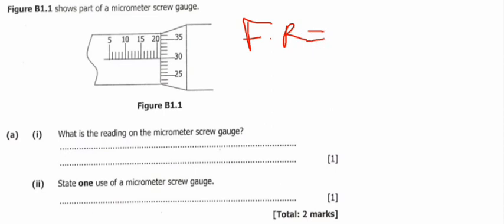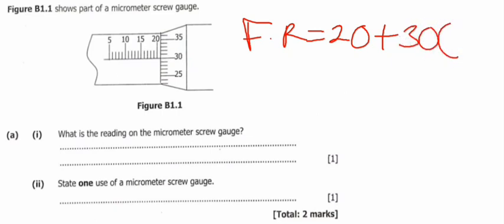So we have the final reading. What is the reading on the main scale? The reading which is closest to the rotating scale here is 20. So we have the main scale here, which is 20 plus. What about the rotating scale? Here we can see that the line from the main scale and the line from the rotating scale are colliding at 30. So it is 30 here.